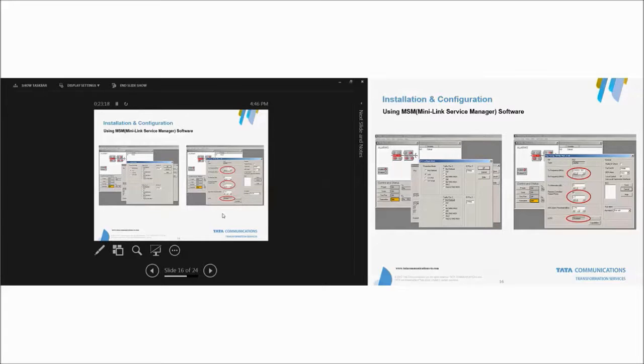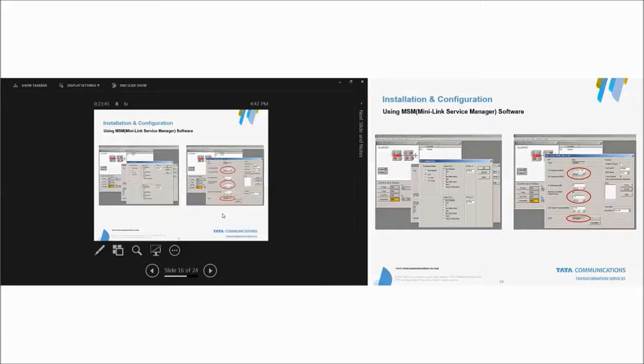The use of ATPC is if there is any rain in the link, the ATPC will tend to increase the TX power so that the link will not go down and it will stay stable. Once the atmosphere conditions become stable, it will try to reduce the TX power again.